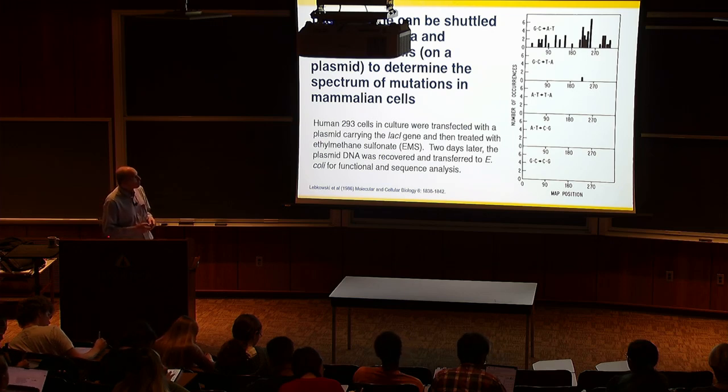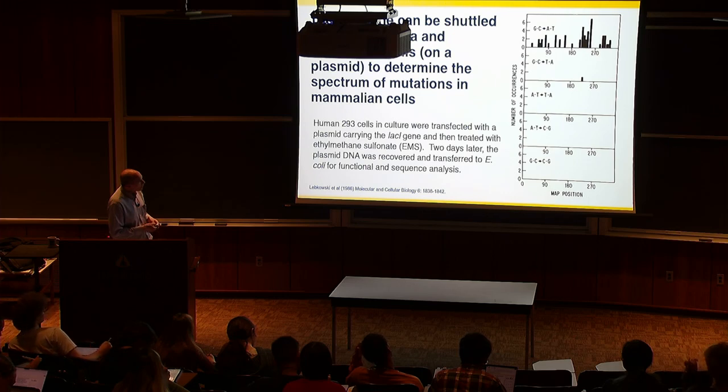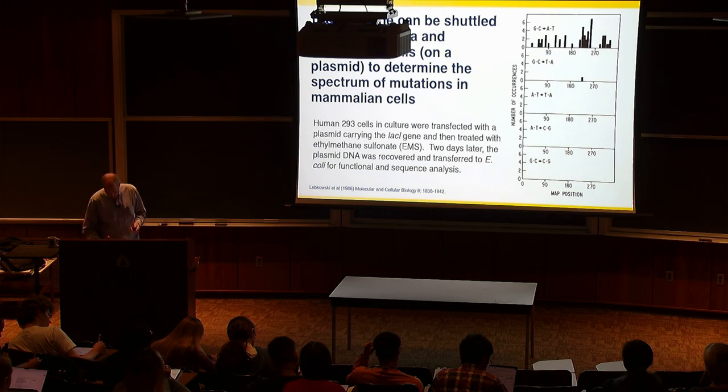And when you pick several hundred of them and sequence them, what you see is this very beautiful pattern. All the mutations are, or almost all, not all, almost all are GC to AT base pair changes, not GC to TA, except for one exception, not AT to TA, not AT to CG, and so on. That is, the mutagen has a very definite specificity in terms of what changes it produces, and that accords with what we know about ethyl methane sulfonate as an alkylating agent.